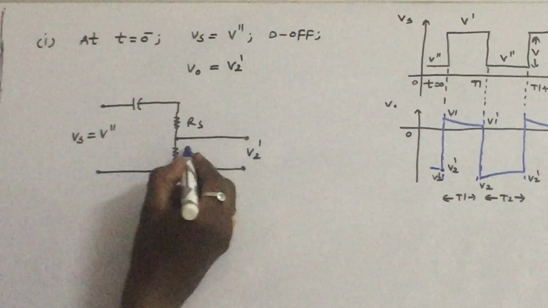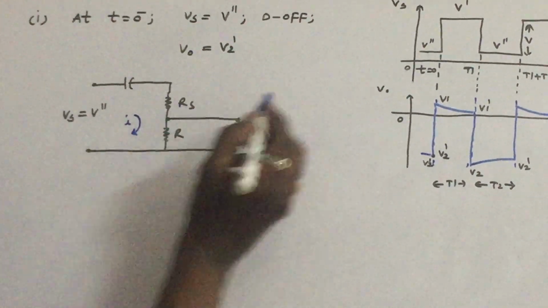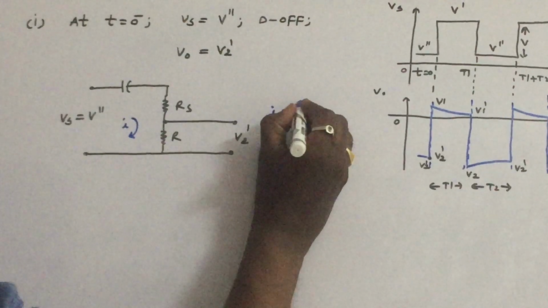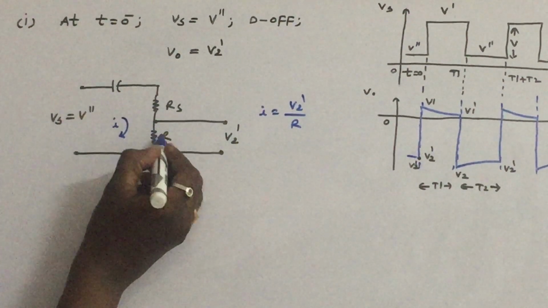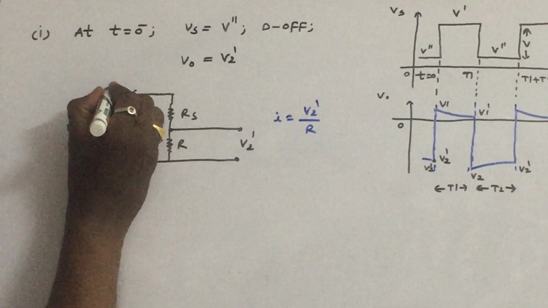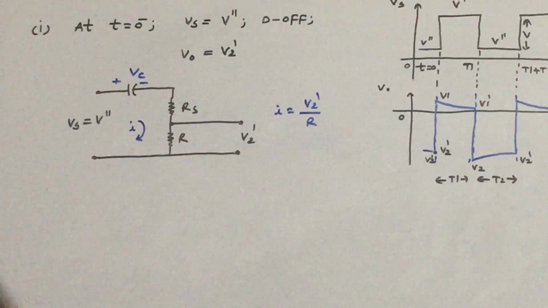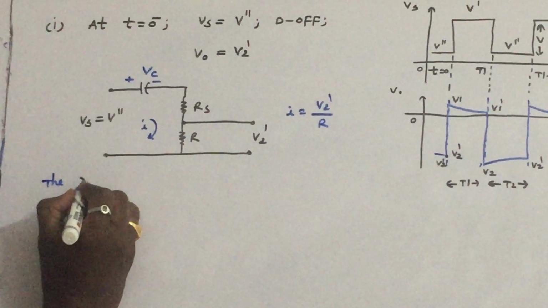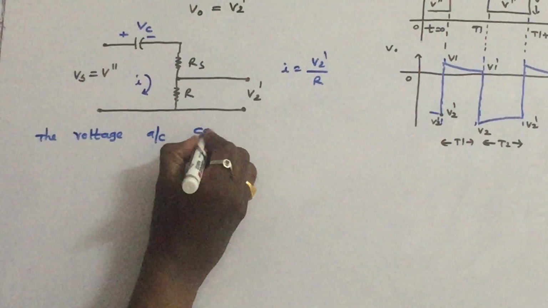Since you know the voltage across this resistor, the current through this branch is I equal to V2 dash by R. Now I want the voltage across the capacitor.